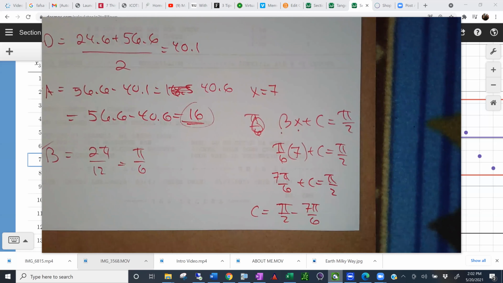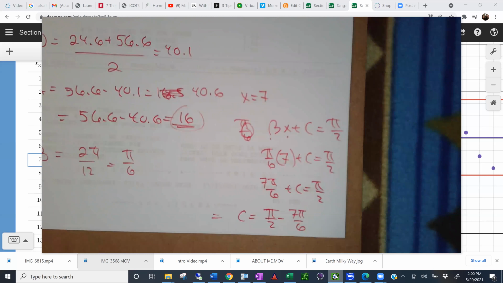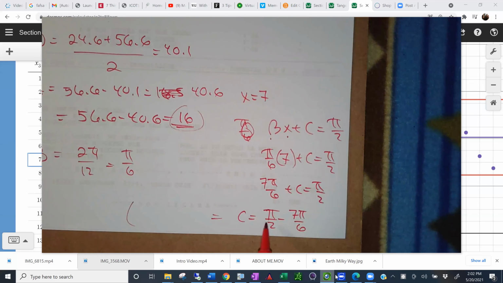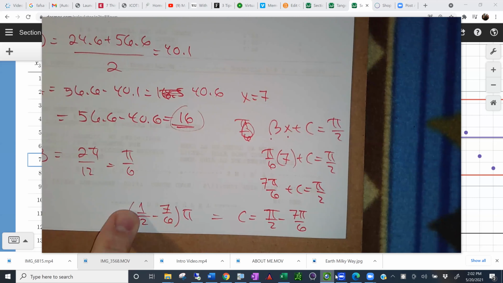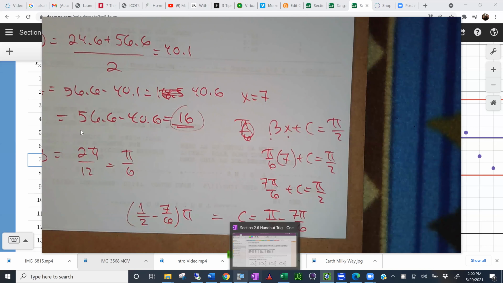And yeah, it's not necessarily very fun to convert to common denominators, etc. So I'm going to cheat here. I want to write this as some nice fraction. What I'll do is I'll factor out the units of pi, and I get 1 over 2 minus 7 over 6, times pi. And I'll just let my calculator do the rest here.